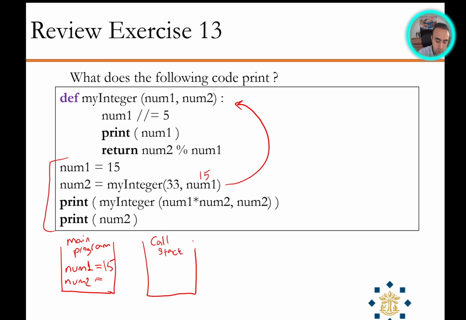This will be the first call stack. We'll have a second one when we invoke myInteger for the second time. Okay. So we have 33 and 15. We pass them on to num1 and num2. So num1 is 33, num2 is 15. Okay.